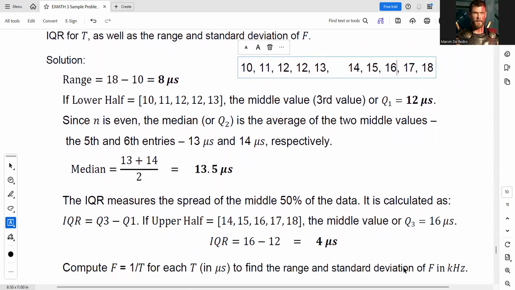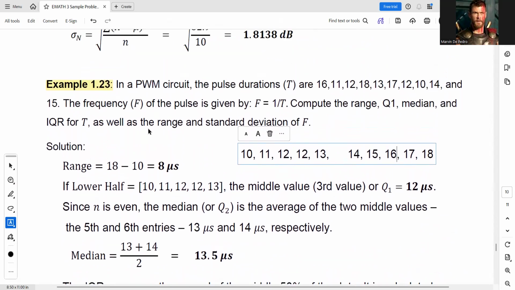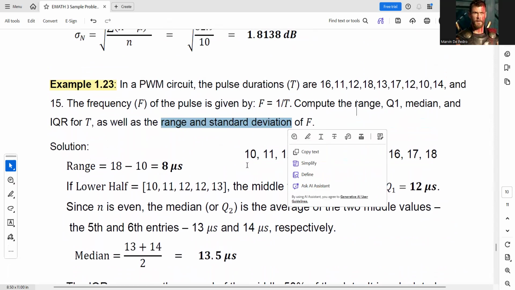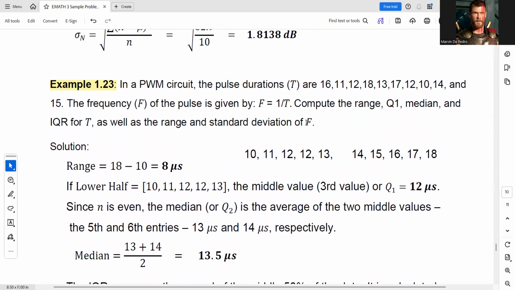Now we are done with the first half. Okay, so range, Q1, median, and IQR. Now we are looking for the range and standard deviation of f, not T. Therefore, before we perform the same thing that we did earlier, we have to convert our pulses into frequencies.